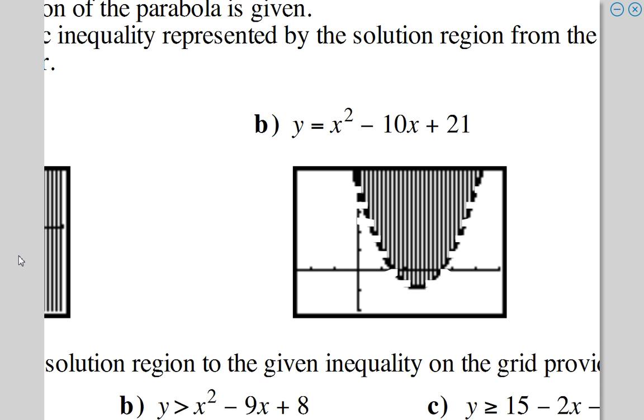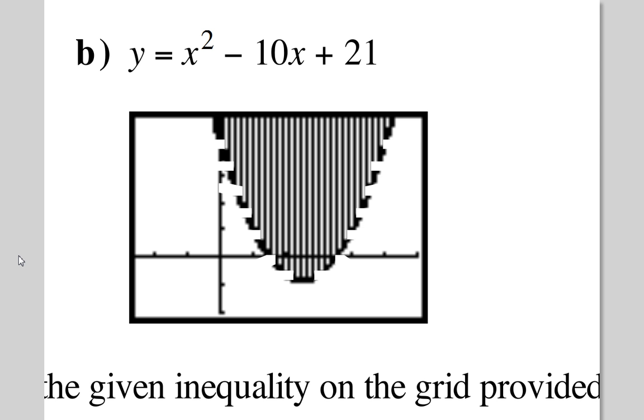Okay, let's take a look at this one. Do I shade above or below? Above. So y greater or equal, or just greater? Why just greater? Because it's dotted. The line is dotted, so we don't actually touch the line. So y is greater than this function, this curve. Now test a point.